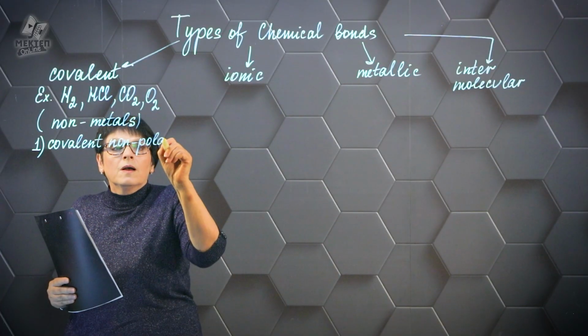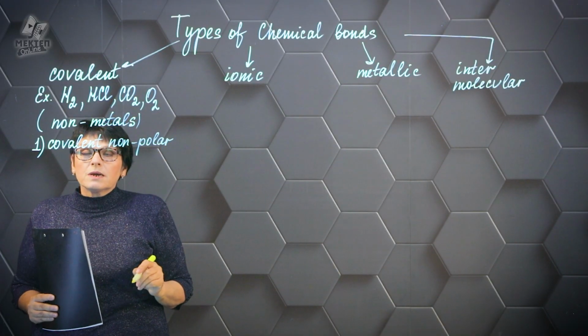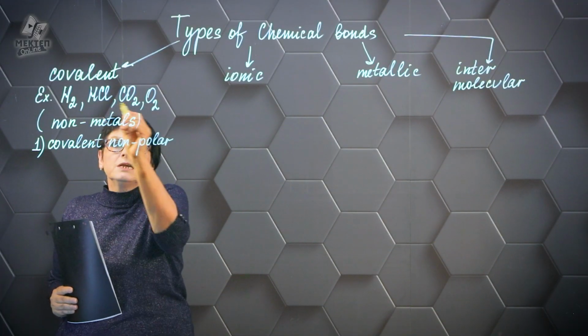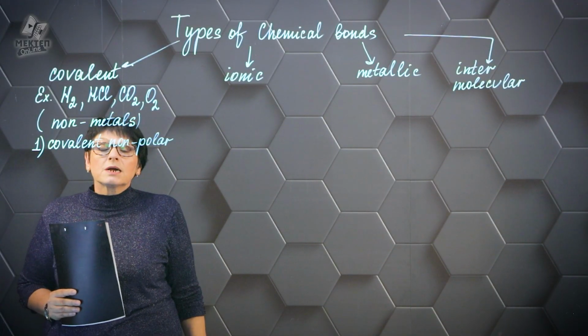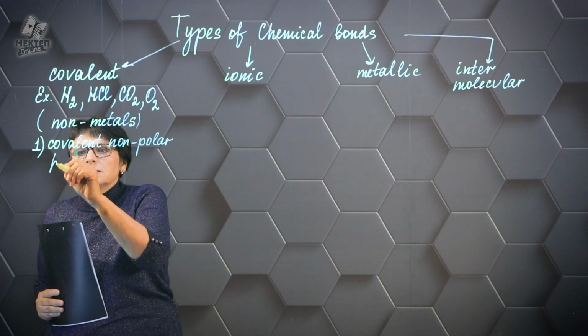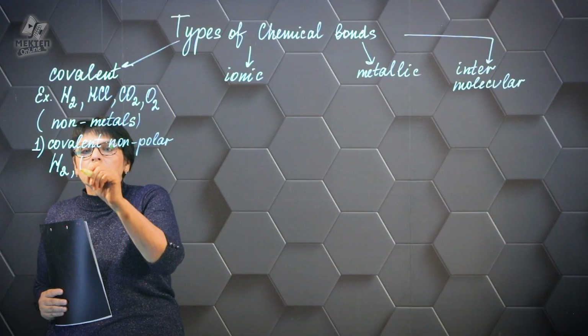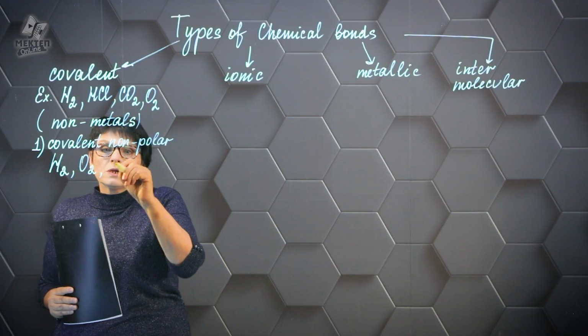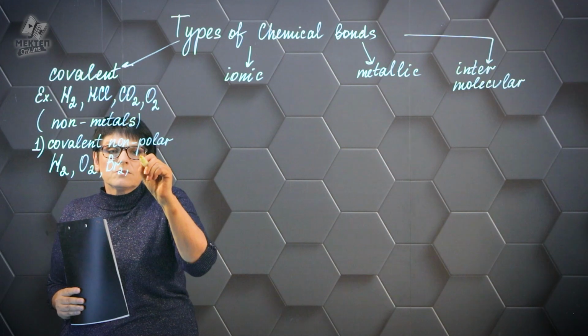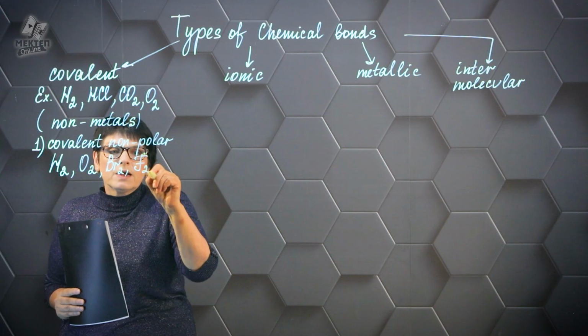and there's covalent polar. Well, if I were to ask you from these examples which you think is a covalent nonpolar bond, I think you'd guess it's hydrogen, it's oxygen, and I'll give you some more examples: Br2, or for example, F2.